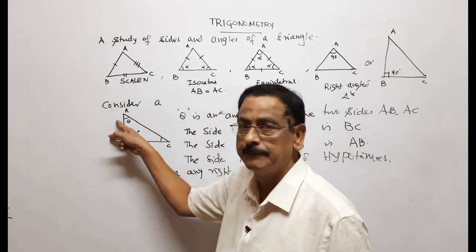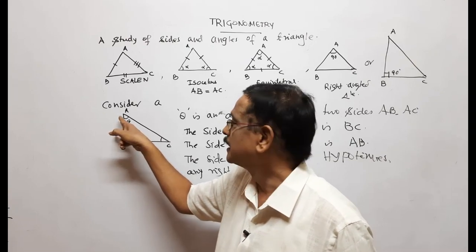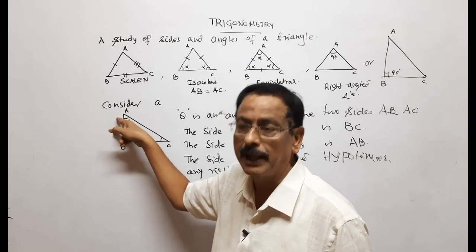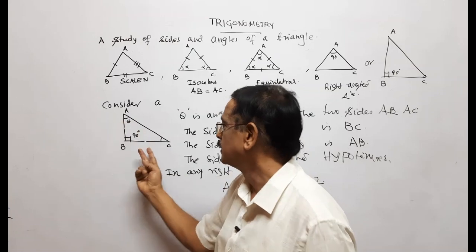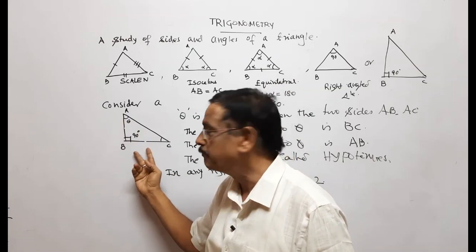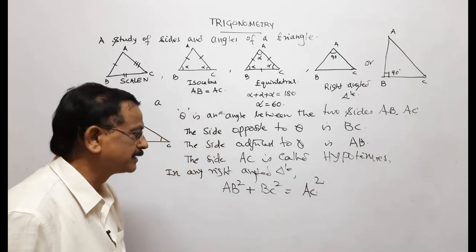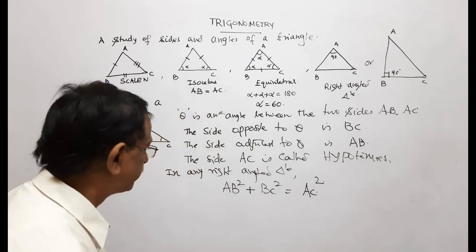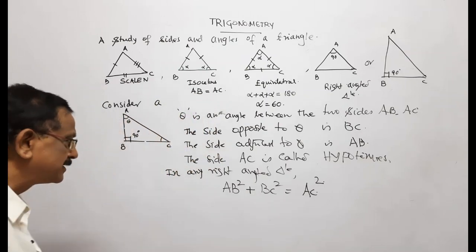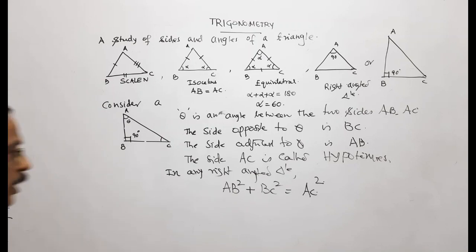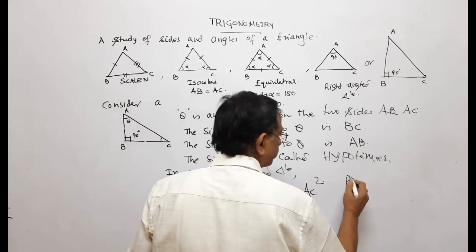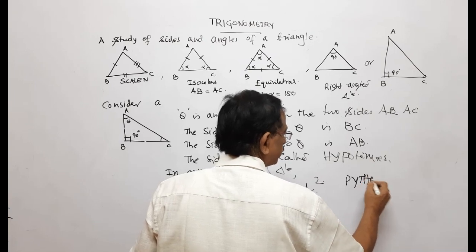AB is a length. So length into length, length square. Similarly, BC square means BC into BC. And AC square is AC into AC. So this is a property which is by Pythagoras.